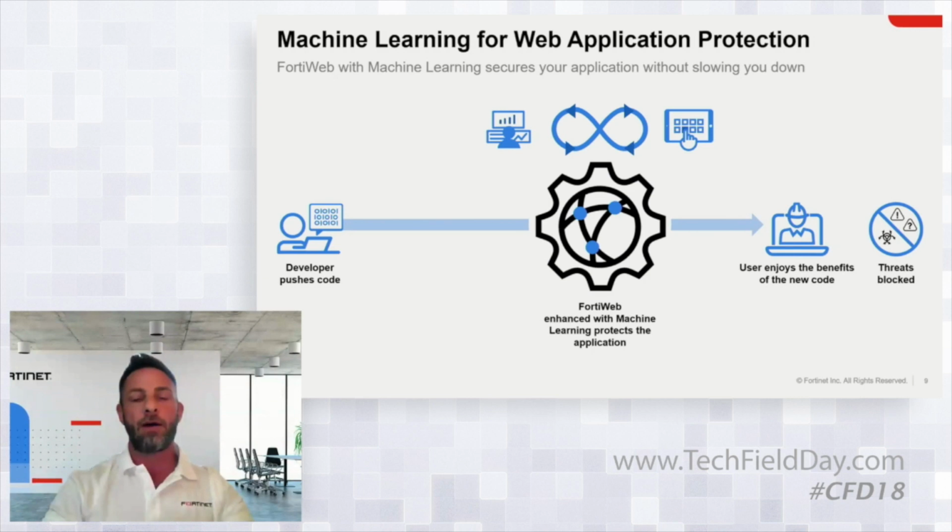Now, ideally, the interactions from users to the application are used to train the model that protects it. As the FortiWeb service learns the schema from the API, it starts to narrow the security of that API specifically to that specific schema, and starts to differentiate between benign anomalies and malicious anomalies.